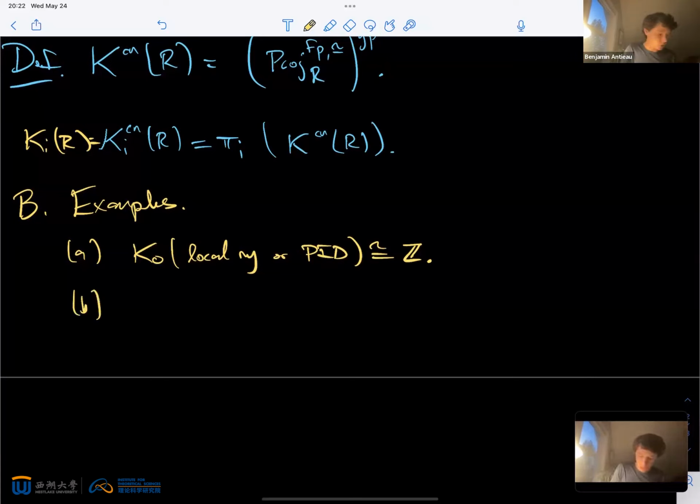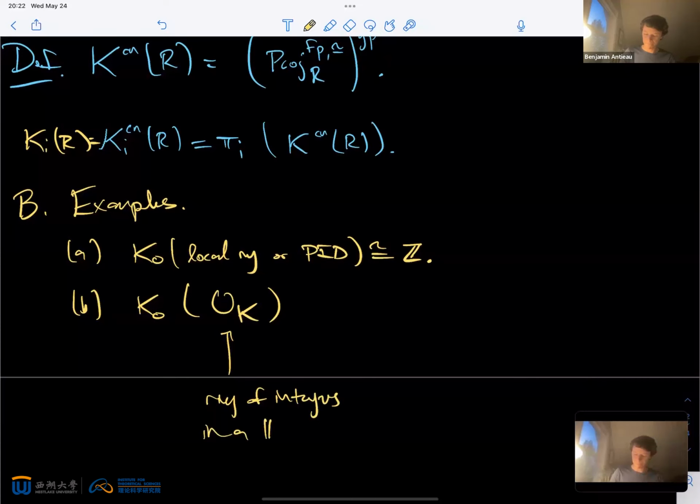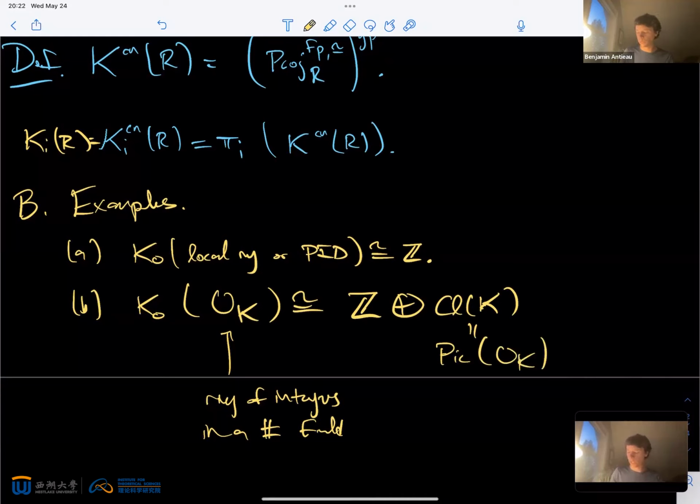But there are other cases which are not so far from that. In general, if I take K_0 of a ring, okay, so this is a ring of integers in a number field, then this is isomorphic to Z plus the class group of K. The class group of K is also just the Picard group of the ring of integers of K. And roughly speaking, this isomorphism, what does it do?